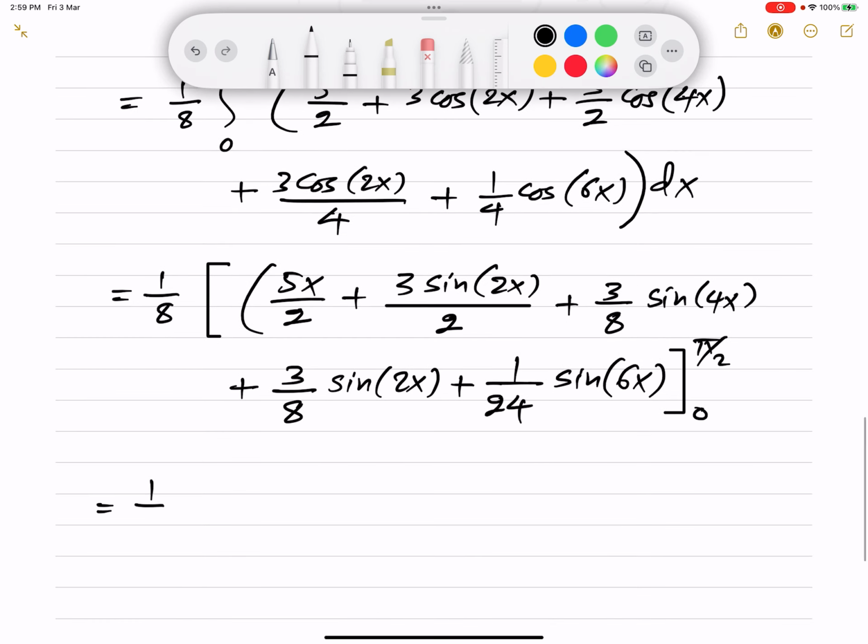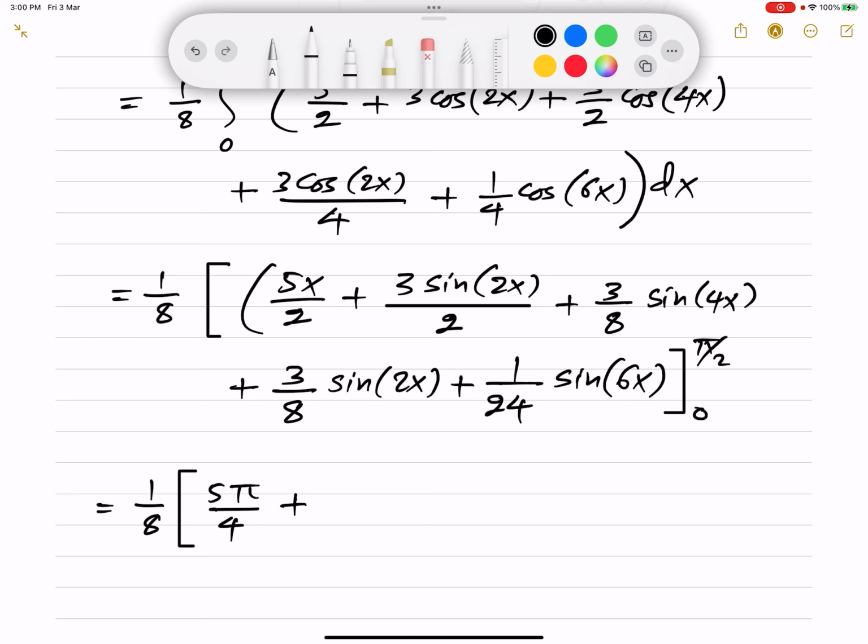So that's going to give us 1 by 8. Now if we substitute pi by 2 in the first term, that's going to give us 5 pi divided by 4. Okay, and the second term is going to give us 0, and then the third term 0. All the other terms are going to give us 0 because the sine is going to be multiplied by 2 and 4 and 2 and 6.